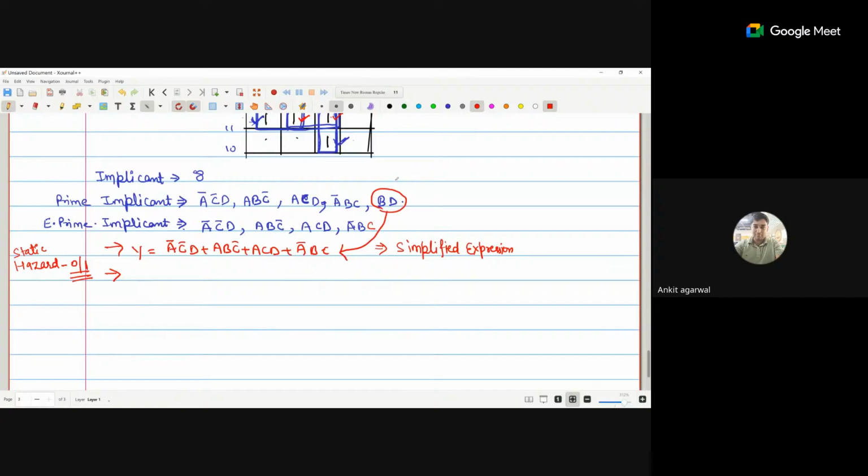This is our prime implicant term, and we include this term to remove static hazard.